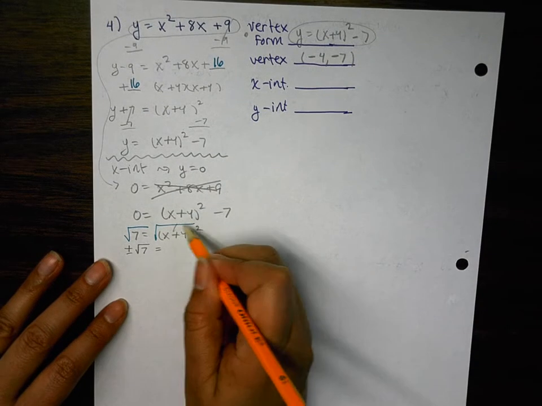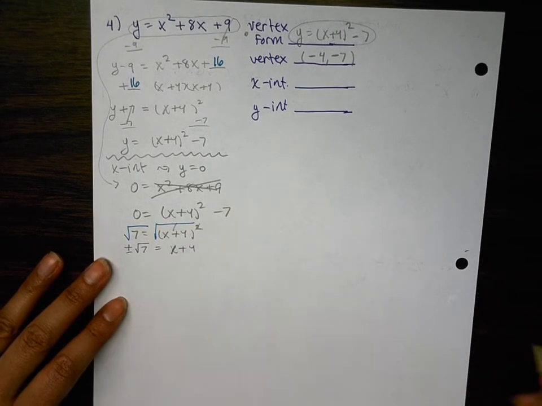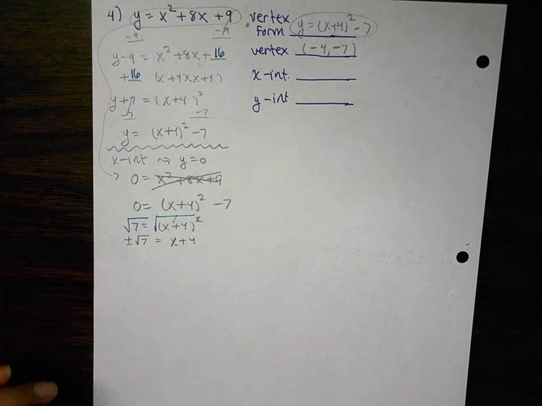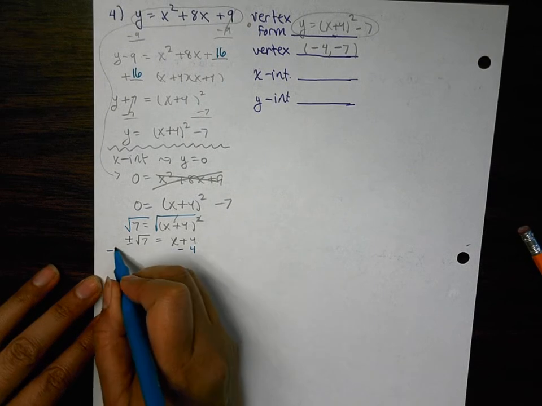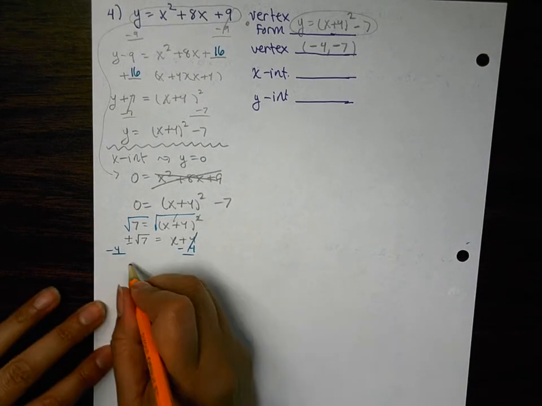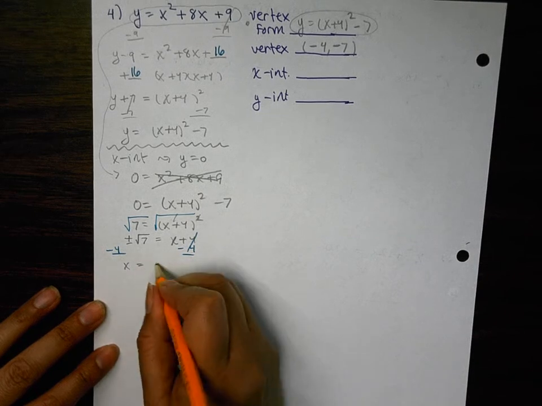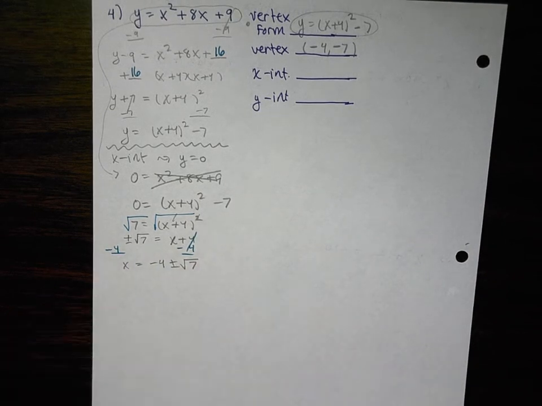Plus or minus root 7 equals, undo each other, what does that leave me with? X plus 4. And what do I move over to the other side? Leaving behind x equals negative 4 plus or minus root 7.